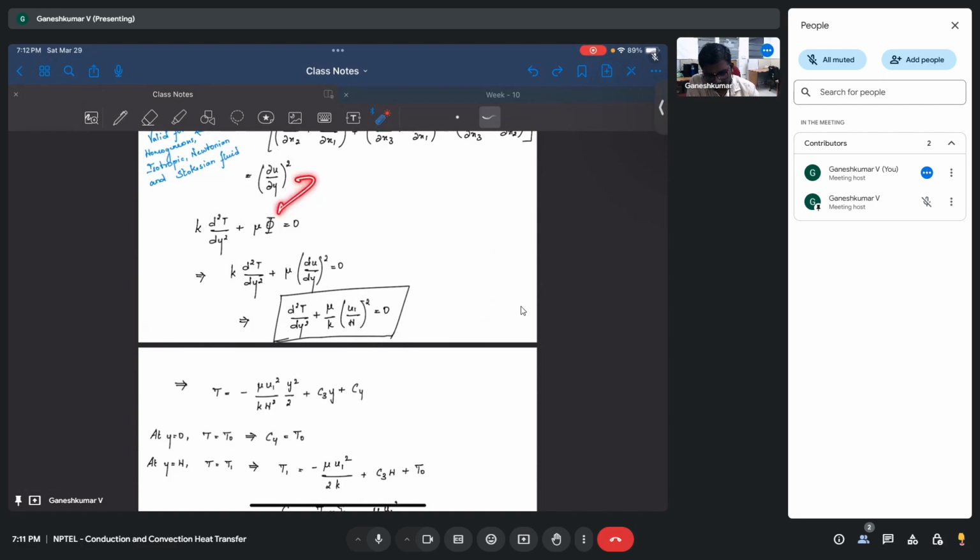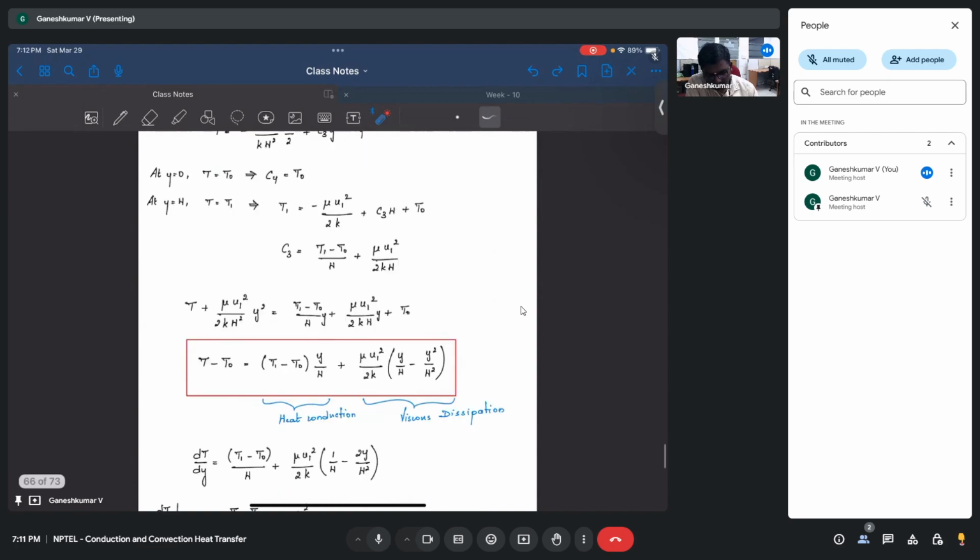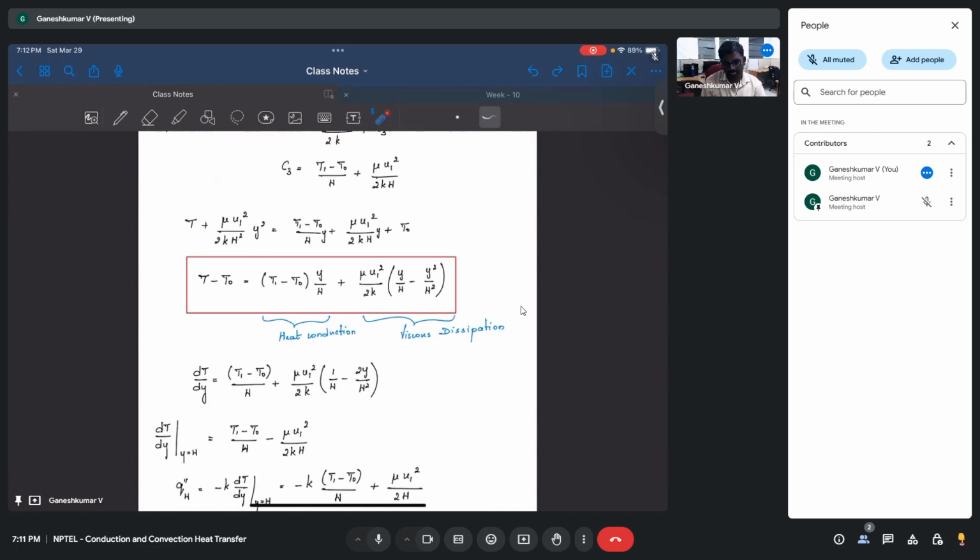You will end up having a second order ordinary differential equation, and if you solve it, you will end up having the final temperature profile. If you do not have viscous dissipation, it becomes a simple linear profile, which is a heat conduction problem. But since you also have viscous dissipation, you have an additional term which is going to contribute to the heating of your fluid.